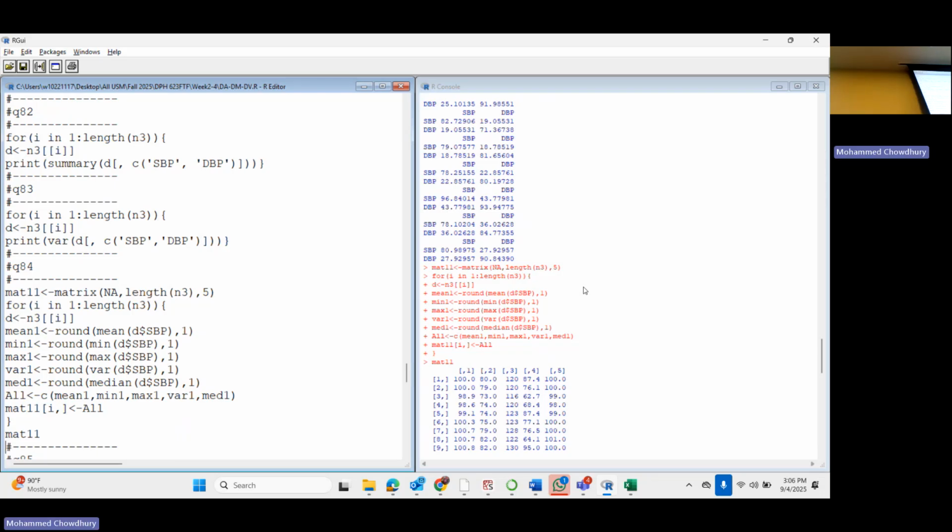You understand why 5? Because 5 columns. And 1, 2, 3, 100, because length is length of N3. N3 is a list. It has how many data? 100 data. Okay. So this is the average, the minimum, the maximum, the variance, the median of SBP.